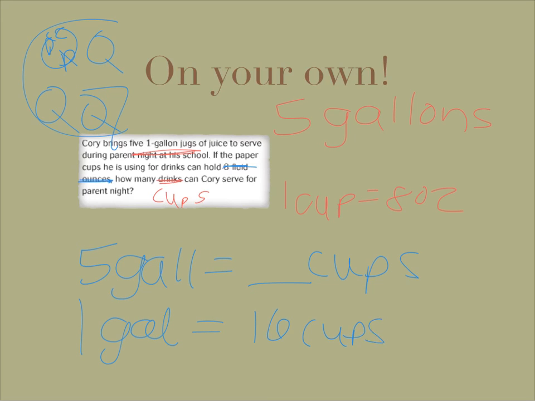Okay, and I'm going from a bigger to smaller, so I need to multiply. So 16 times 5 will give me how many cups I need, or he has. 6 times 5 is 30, 5 times 1 is 5, plus 3 more is 8. So that means Corey has, or he can serve, 80 cups.